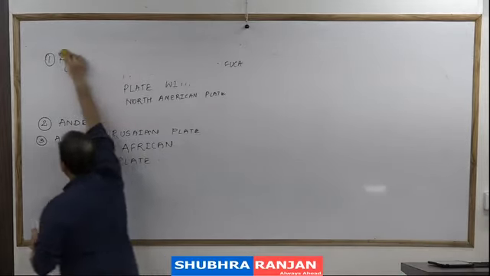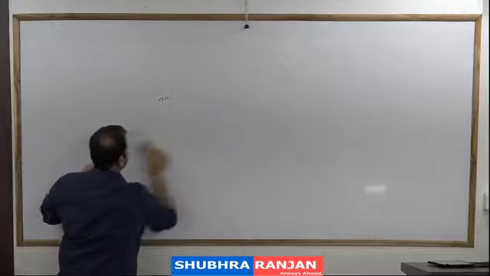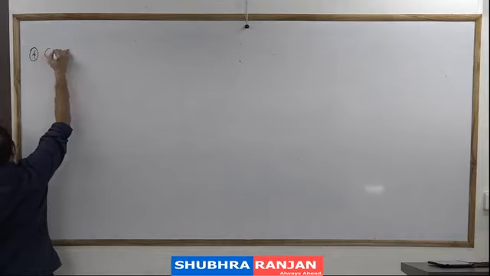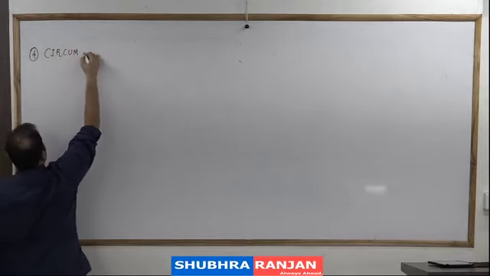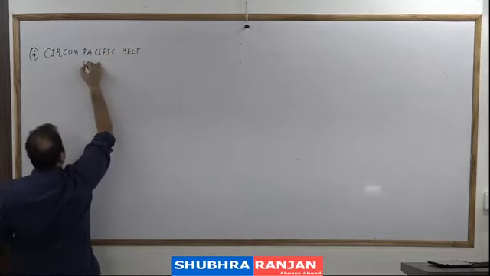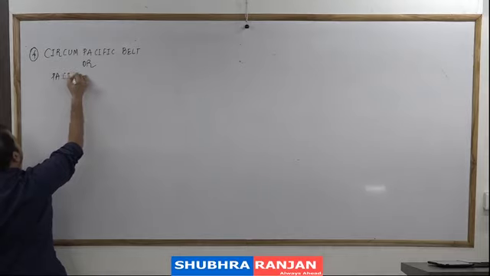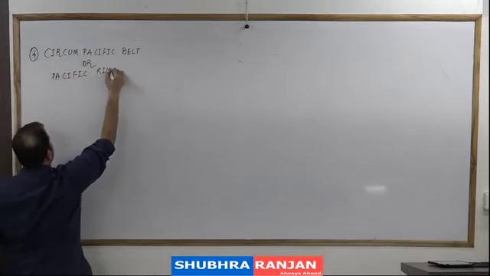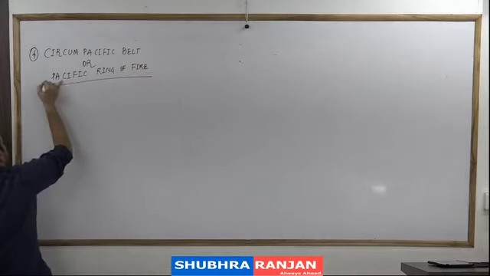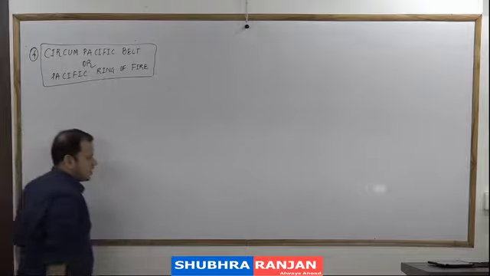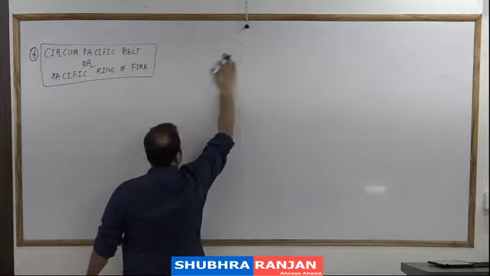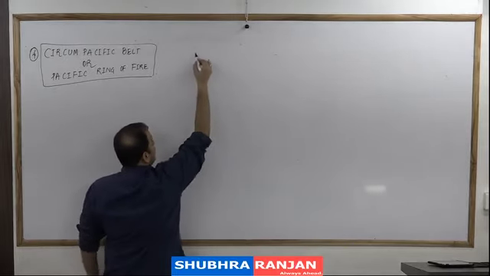The main example is the circum-Pacific belt, or the Pacific ring of fire. Why? What is this circum-Pacific belt?